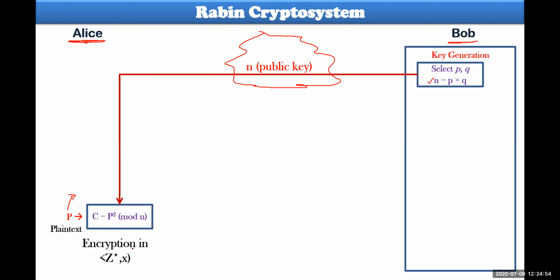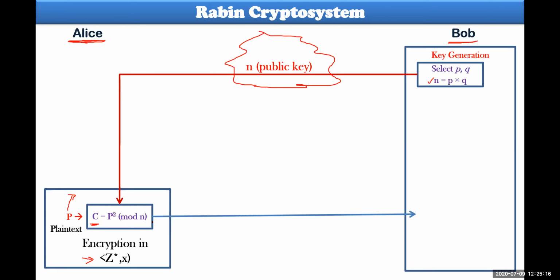This encryption process must happen in Z star n only, whatever the value of n is here. You have to take that into consideration. After preparation of C, the ciphertext, this value is sent to Bob.